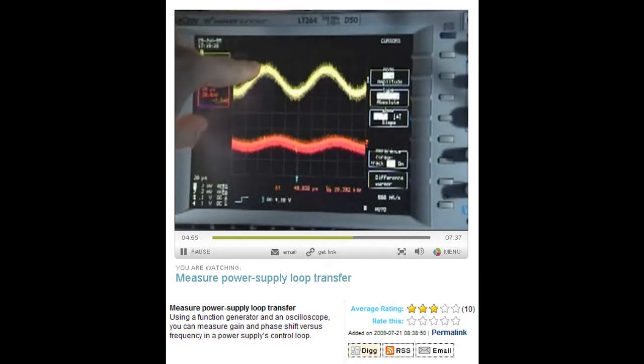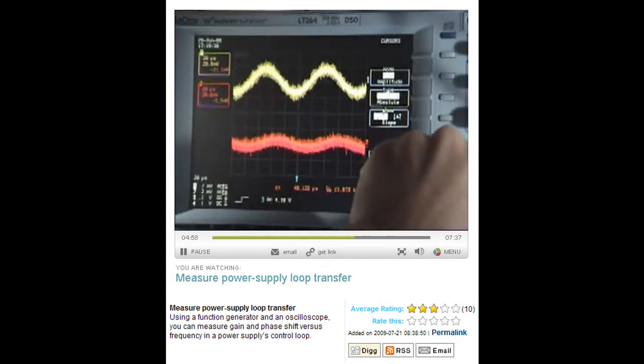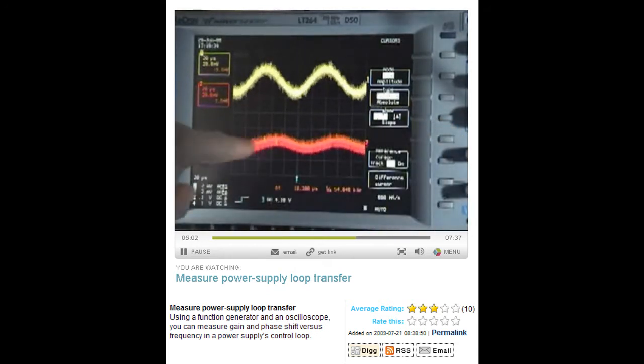So we put our little arrow here, and then we look here on channel 2 to the peak of the sine wave, and there is some shift, and this shift is the phase shift. It might not be so easy to see in the video, but from this peak to the peak here of the other channel, there's a phase shift of about 80 degrees. So we know at 11 kilohertz we have 80 degrees of phase shift.